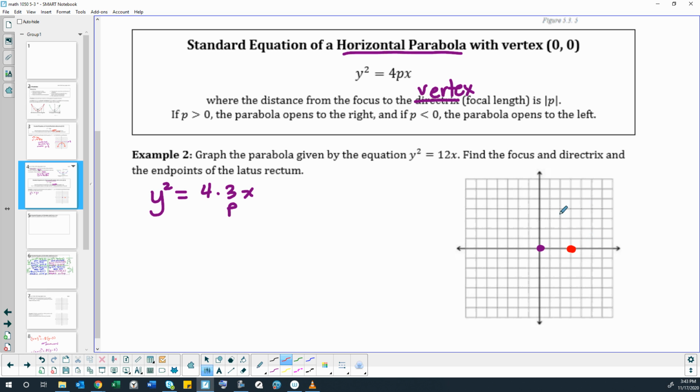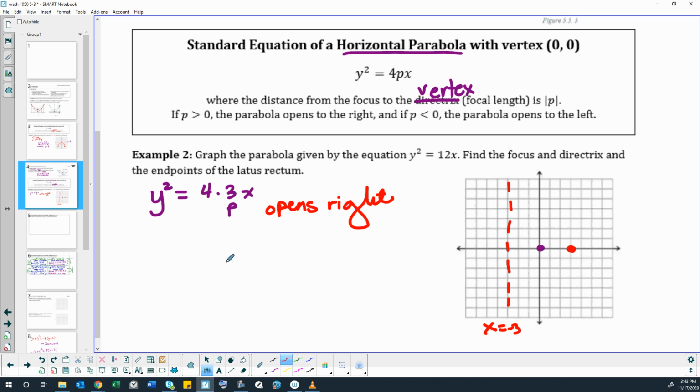So the parabola is opening to the right, because it's a positive 3. Then the directrix, just because we have to fulfill the requirement of finding the directrix because it's mathematically important, just not practically important. Oh, that's not going to be a y equals. That's going to be x equals -3 because it's vertical, right?